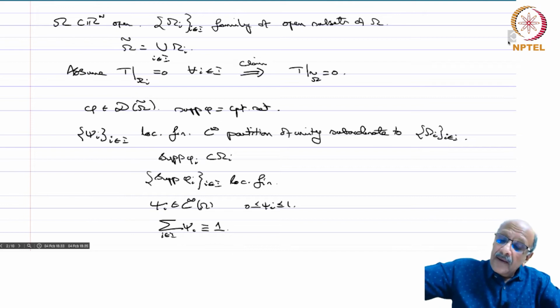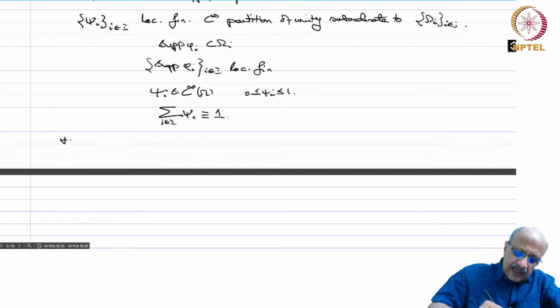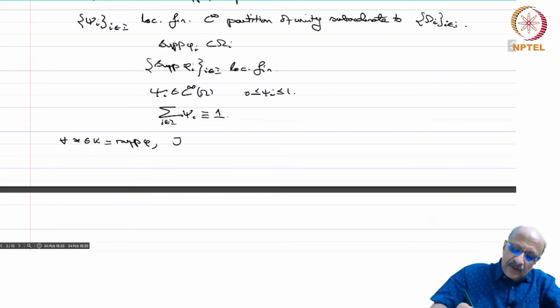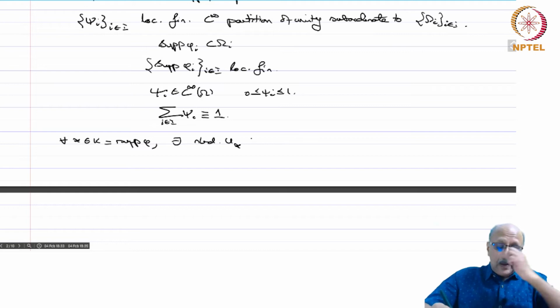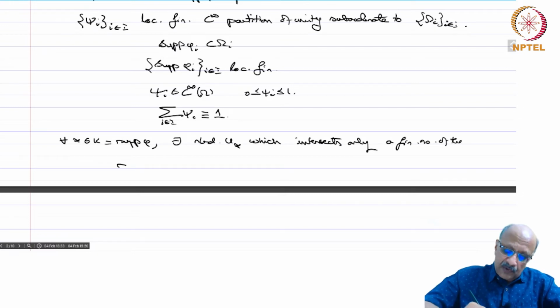Now K, for every x in K, which is the support of φ, there exists a neighborhood U_x which intersects only a finite number of the supports of ψ_i.